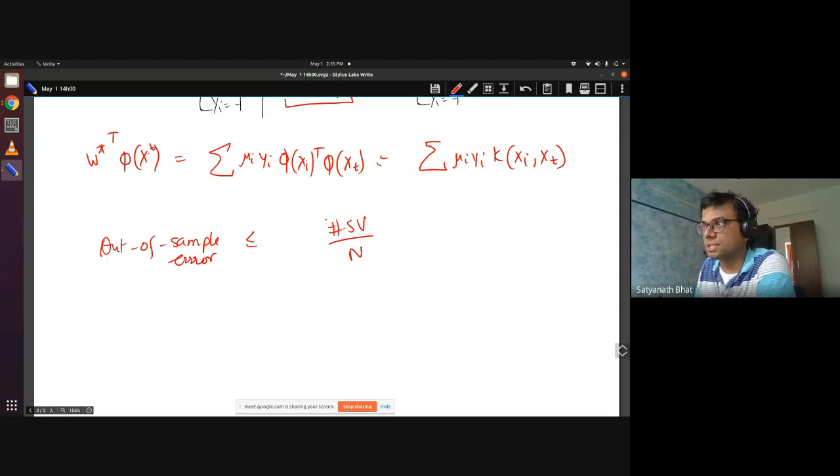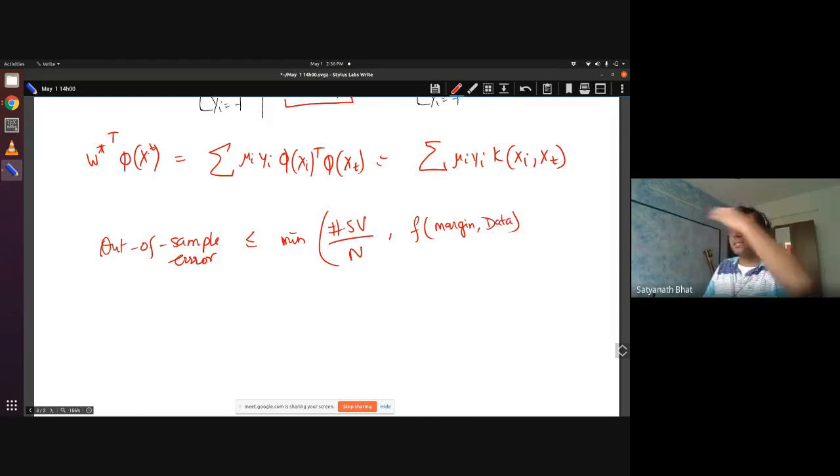Actually, it is not just this. It is actually a minimum amongst this, and then there is a function of your margin and your data itself. Basically, as the margin increases, this function reduces the error term.